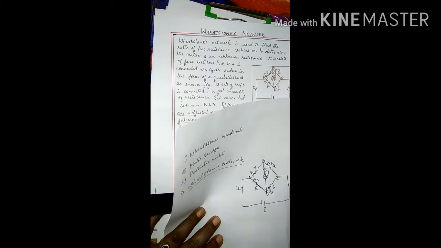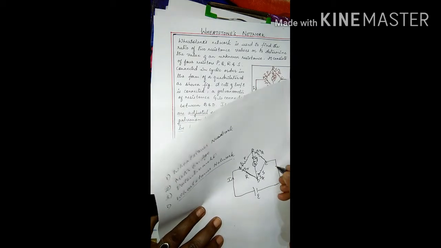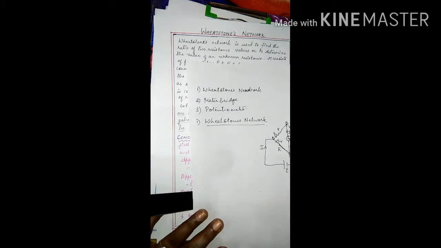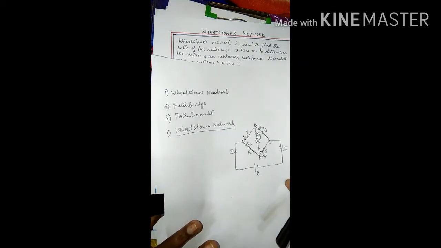So these two combine together, that is I2 and Ig will combine together and give out I4, which is in the direction of DC, and again all these collectively come as I. So this is the circuit for the Wheatstone's network.